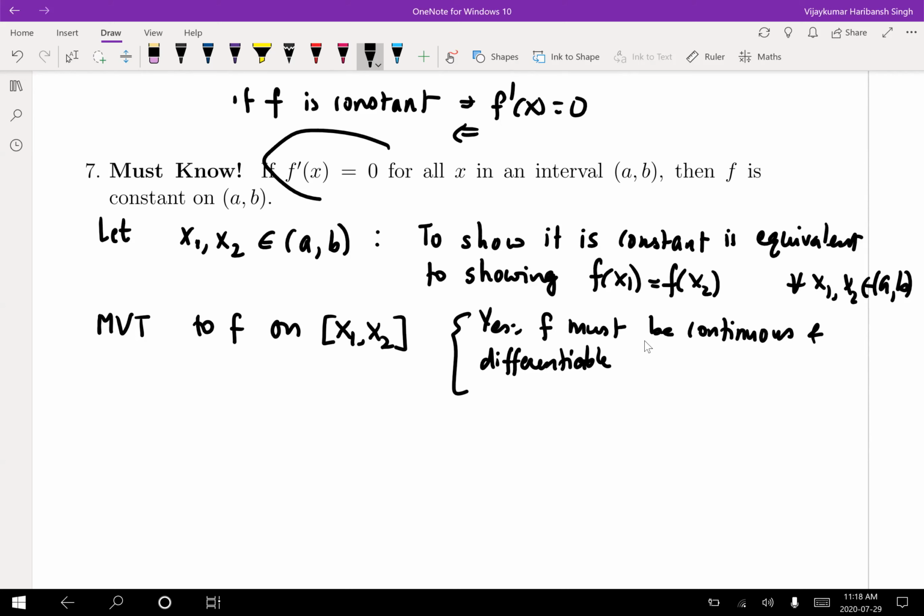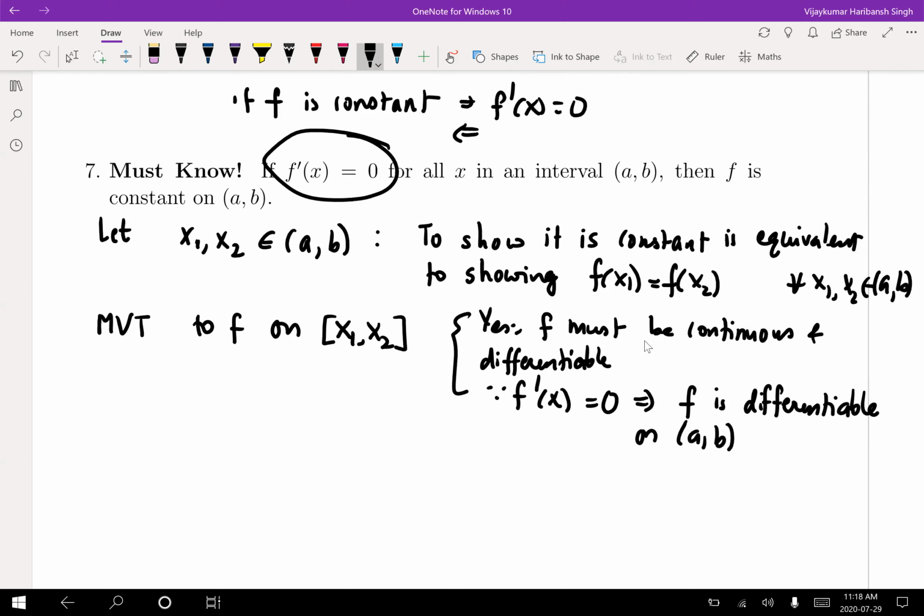Why? Because the derivative is 0, that means the derivative exists. Since f prime of x is 0, this implies f is differentiable on ab, but differentiable functions are continuous. This implies f is continuous on ab as well.